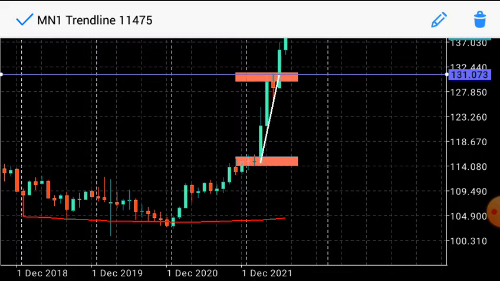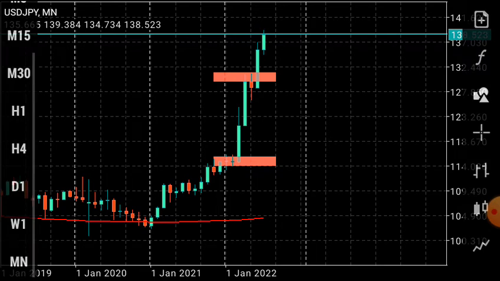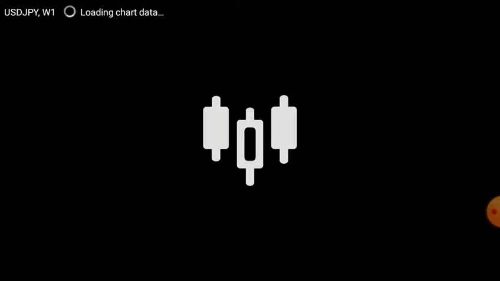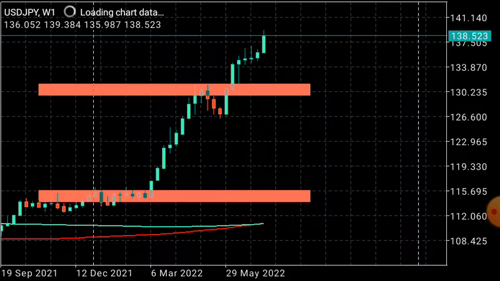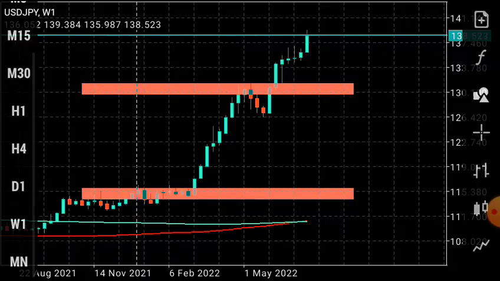So let me clear this. I'm anticipating a reversal on the dollar. I just don't know when it will come, but I'll trade what I'm seeing and follow the news.